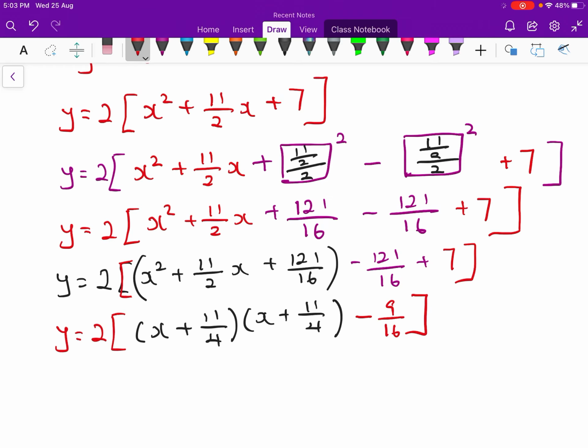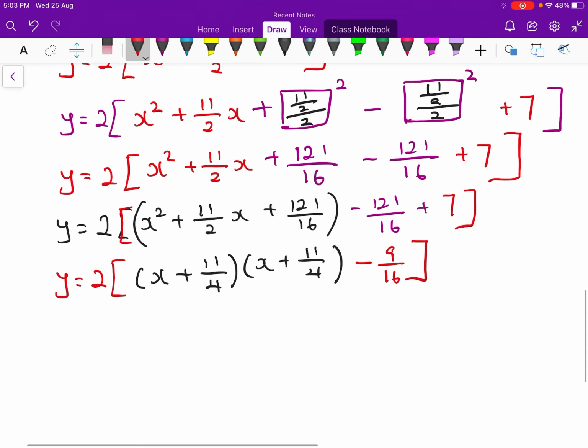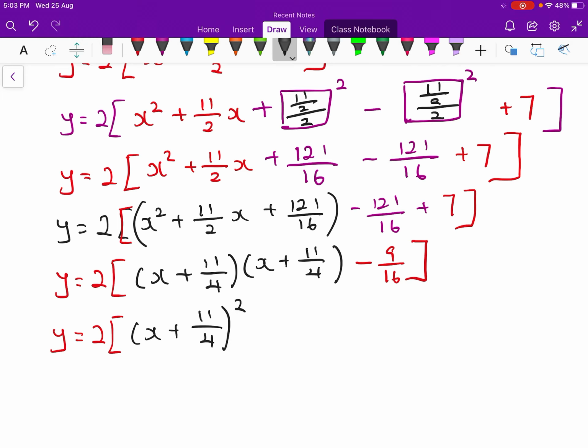Then you put a square bracket. In this case, I've already completed the square. So y equal to 2, then x plus 11 over 4 bracket squared, and minus 9 over 16, put a square bracket. Right, so now I have completed the square.